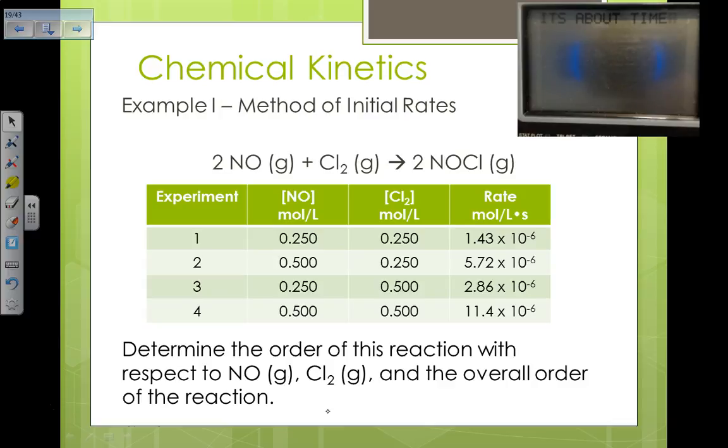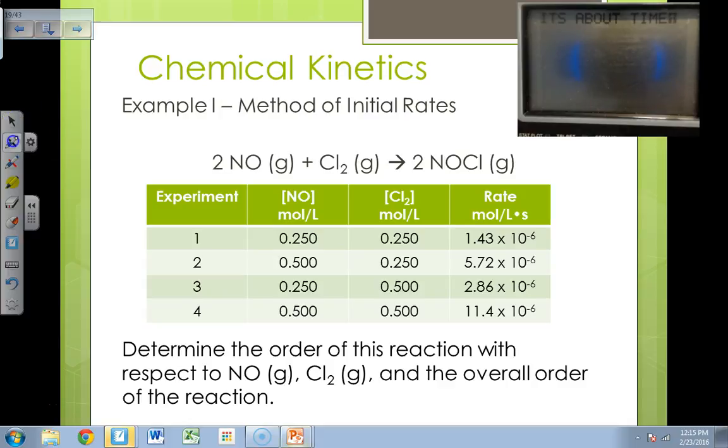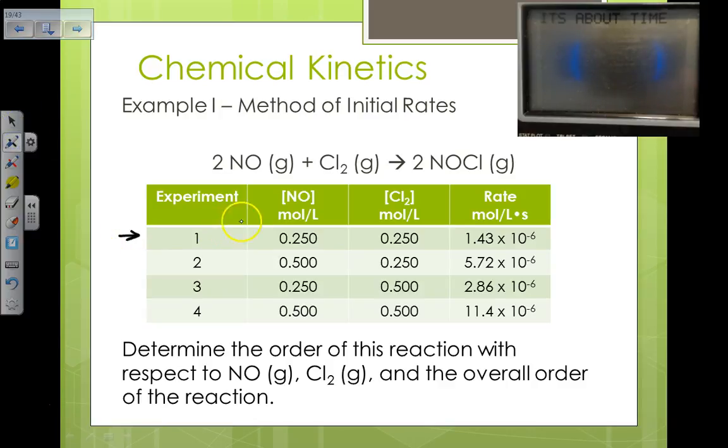So in the first reaction here, we started this with this and this concentration, and then we measured the rate. We measured the rate of the reaction to be this. Okay, and then we did the reaction again, and what we did is we changed the concentration of one of the things to get a new rate.